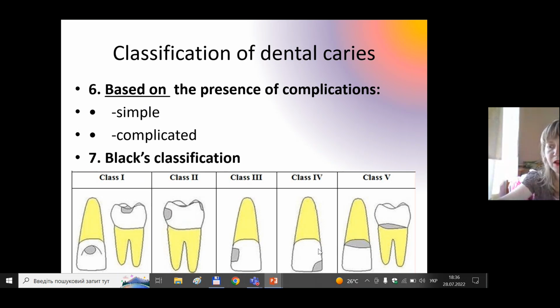Class fourth: caries cavities localized on the proximal surfaces of the anterior group of teeth, including the cutting edge or angle of the tooth crown. And class 5 is caries cavities that are localized on the cervical areas of all groups of teeth.